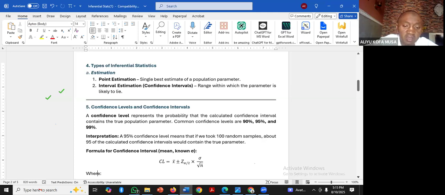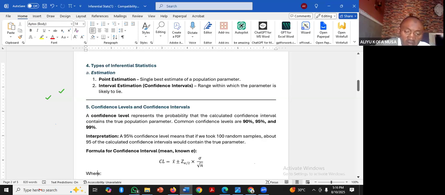So now, what is this confidence level and confidence interval? There are two words, confidence level and confidence interval. So let's look at the first one. A confidence level represents the probability that the calculated confidence interval contains the true population parameter. Listen.